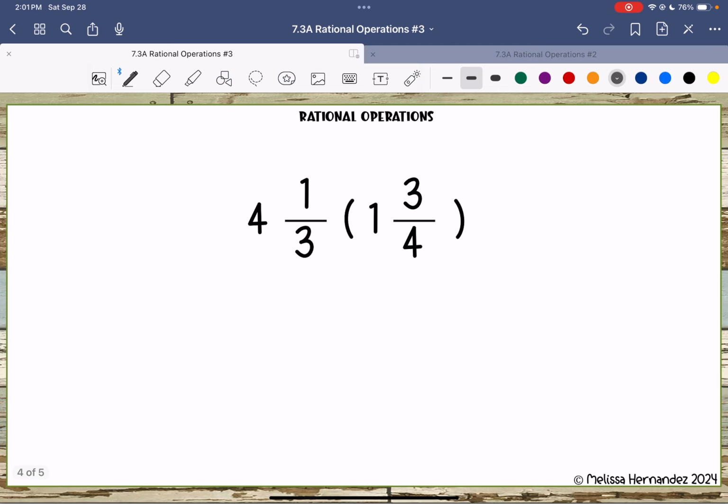Okay, for the next one, we're going to multiply. We don't need a common denominator, but what we have to do is either use an area model or we can convert to improper fractions. So, for instance, the last one I did improper fractions, I'm going to show you the area model.